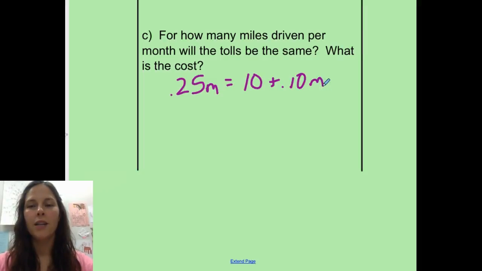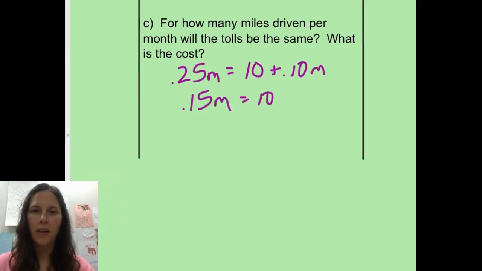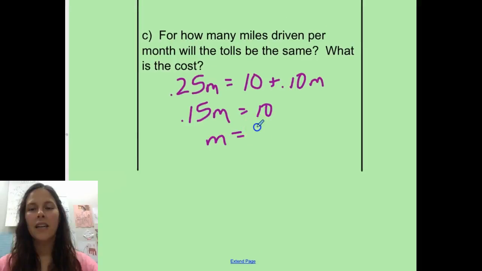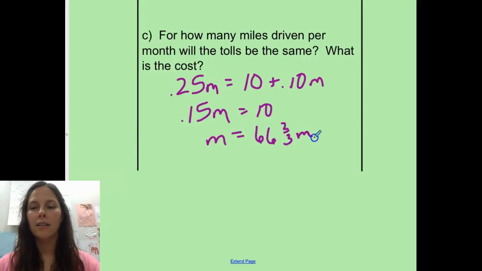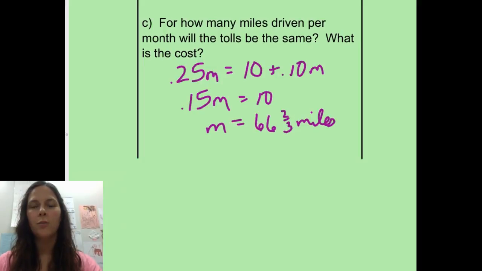and solve for M, subtracting that 10 cents from both sides and dividing by the 0.15 or 15 cents. In this case, it would be 66 2/3 miles. Our second question is, what would we pay to use the toll road for the 66 2/3 miles?